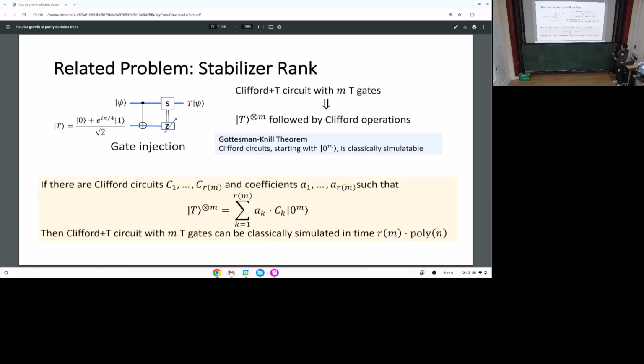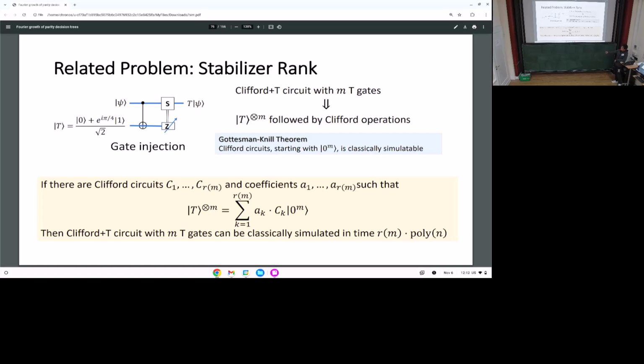So if we can decompose this tensor product of magic states into something like Clifford operators acting on input O0, then we can apply the Bravyi-Gosset theorem to get a simulation of these circuits. So this is the statement.